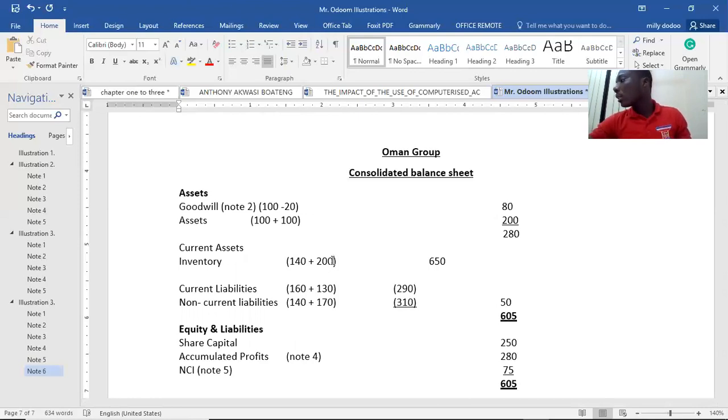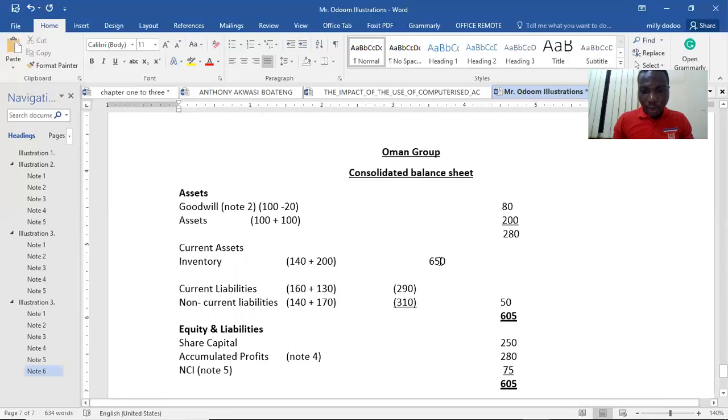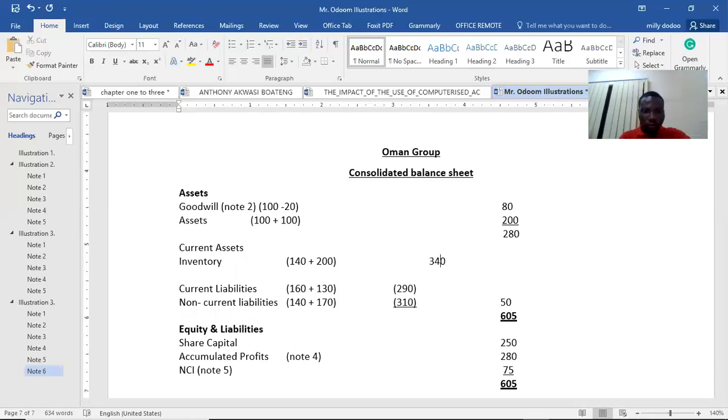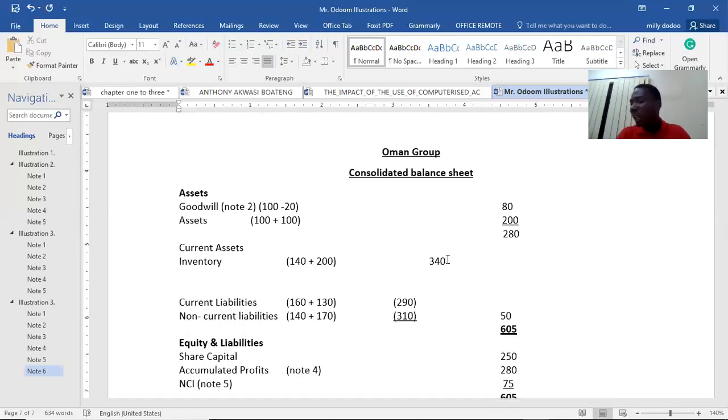So inventory is going to be 340. Then you have receivables. Receivables to be 160 and 100. So your receivables is going to be 260.